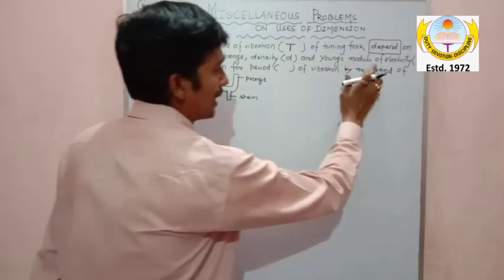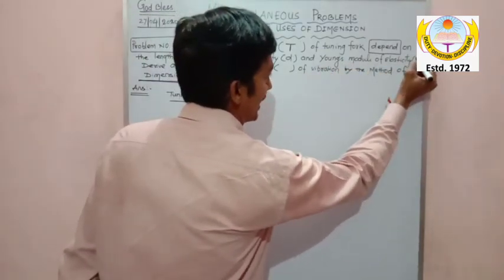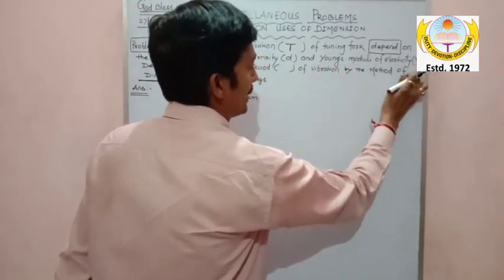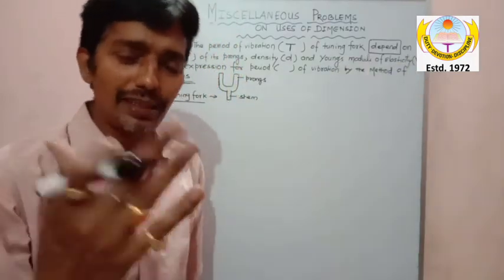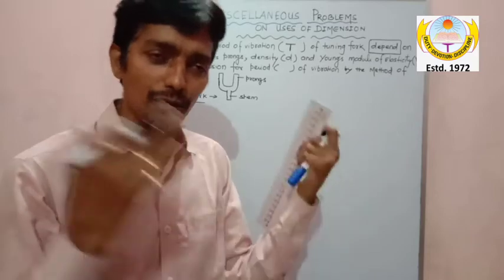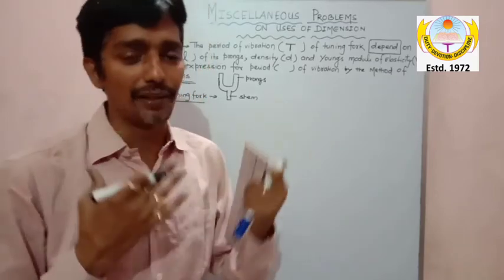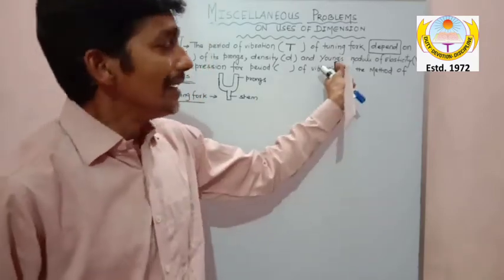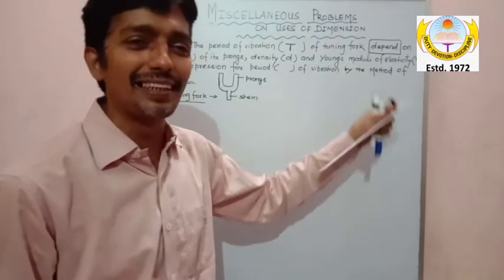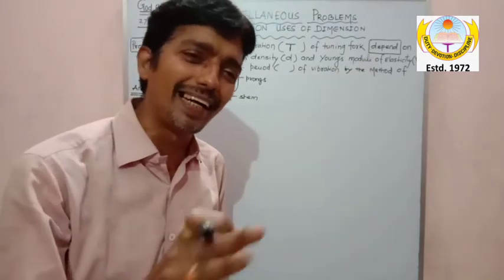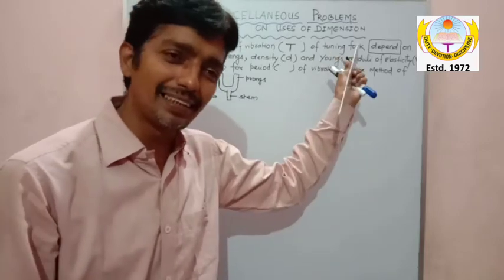And Young's modulus of elasticity, remember this, is denoted by capital Y. I have done this. Many of the students observing this video, most of the videos are going, that is wonderful from your side, my dear. Young's modulus has the same dimension as the elasticity constant, because it is one of the elasticity constants.